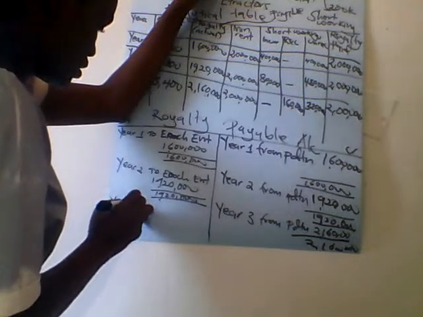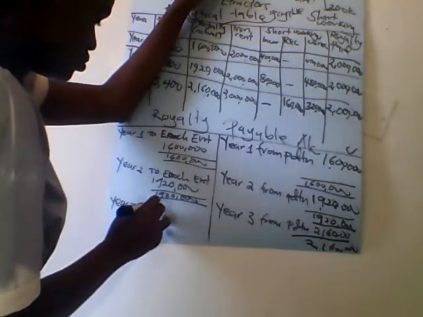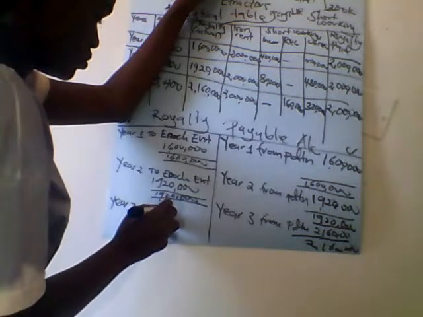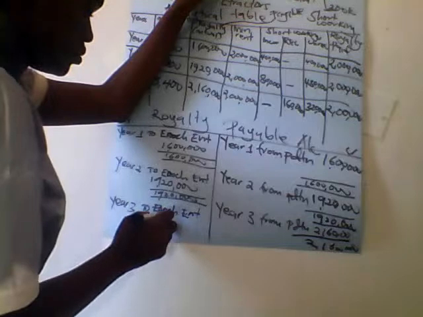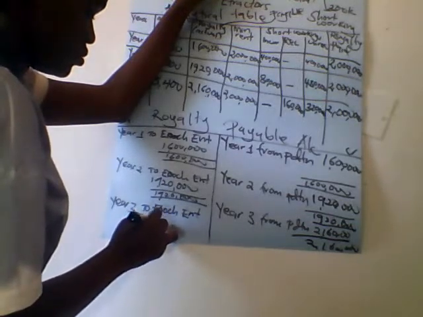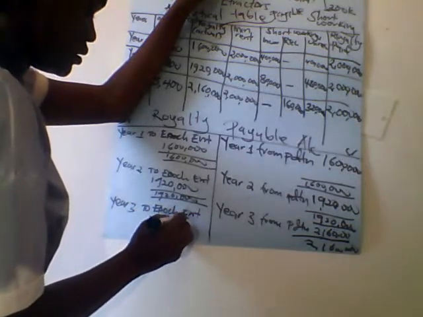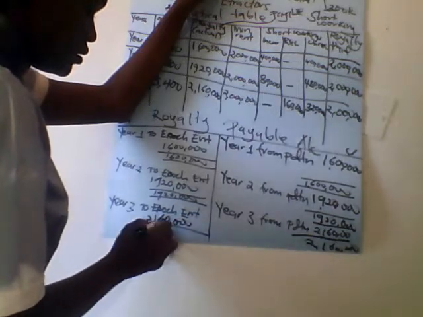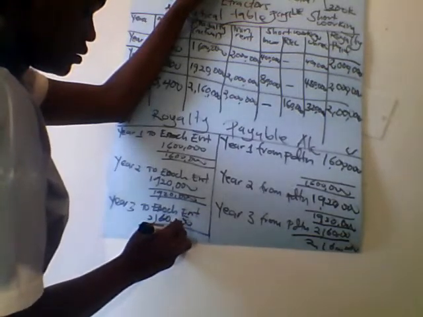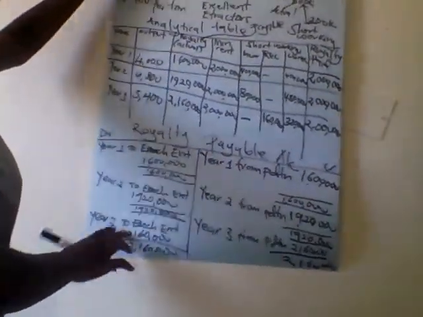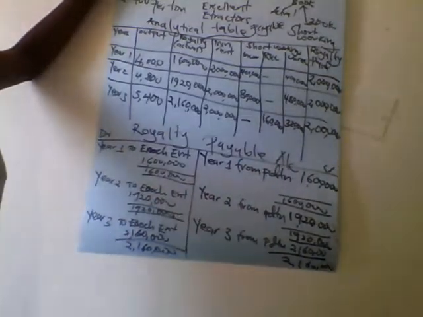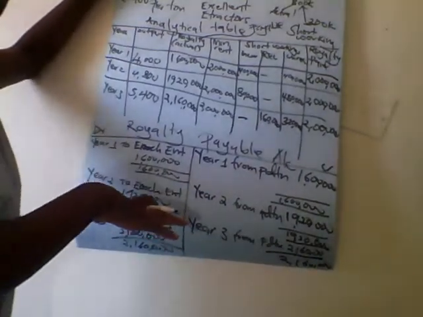Then you can say year 3 to Enoch, 160. And this is the royalty payable account that they asked for. This is how it looks like.